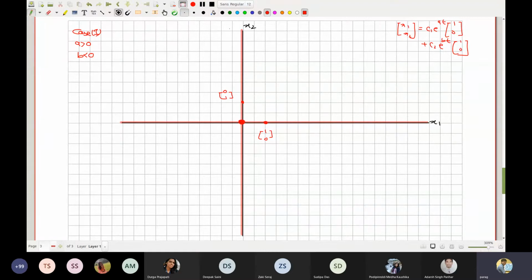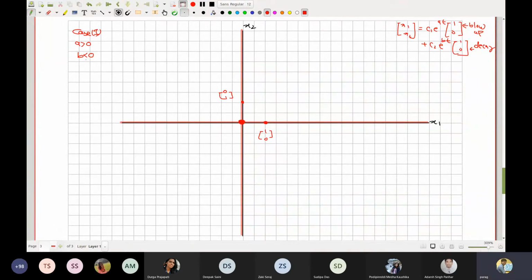So since a greater than 0 is a positive eigenvalue, this term will blow up, right? And b is less than 0, so e to the power bt, which is exponential of negative, this will decay, right?